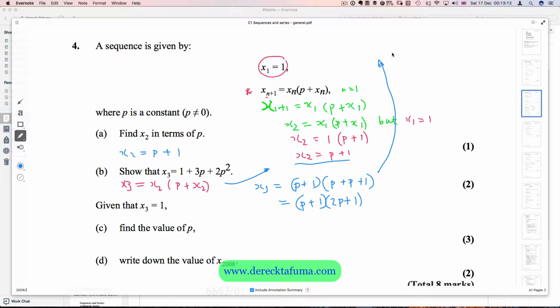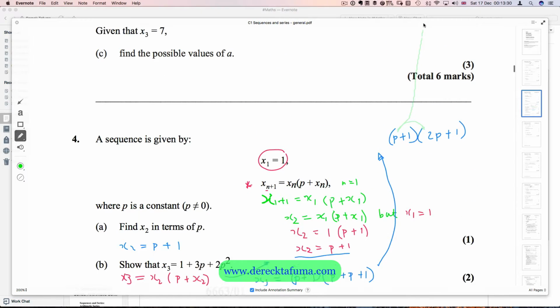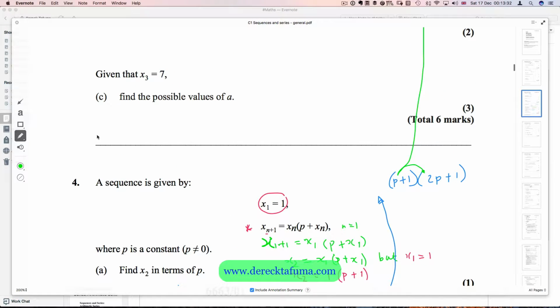So that becomes p plus 1, 2p plus 1. Change that color. So I'm going to multiply p times 2p, okay, something's gone silly there.